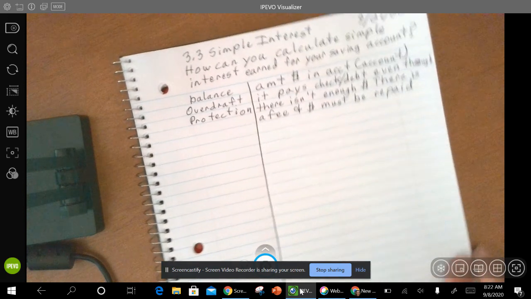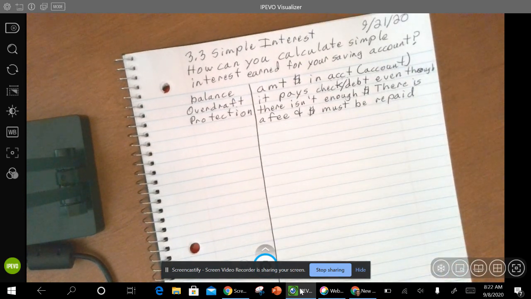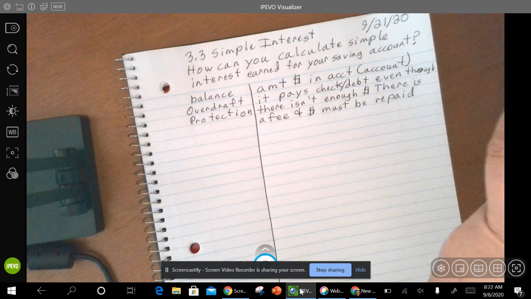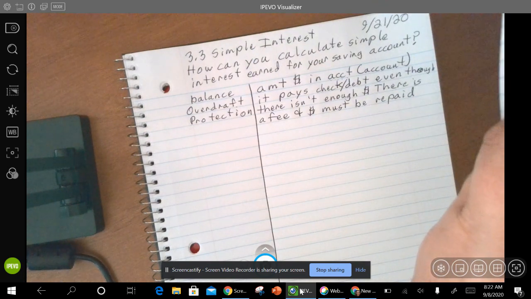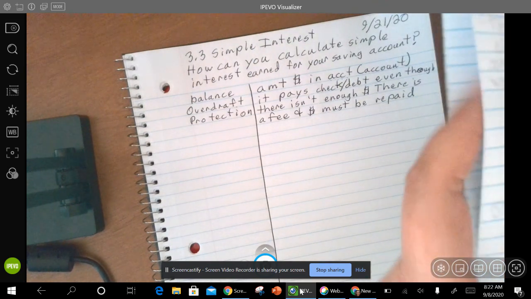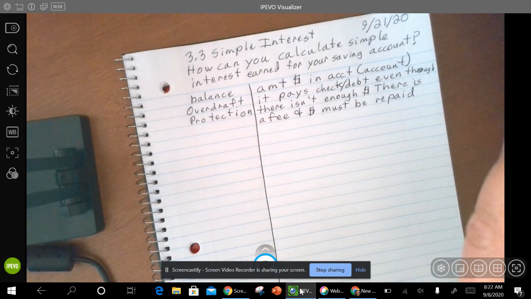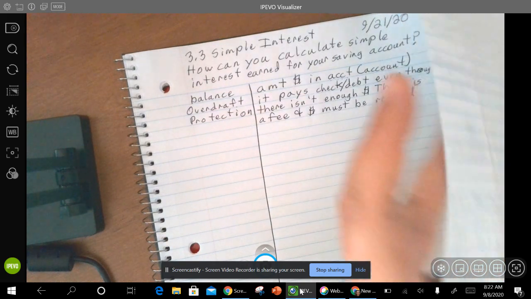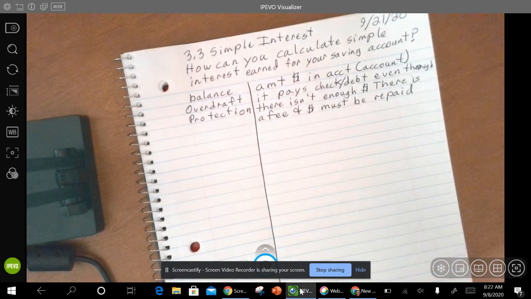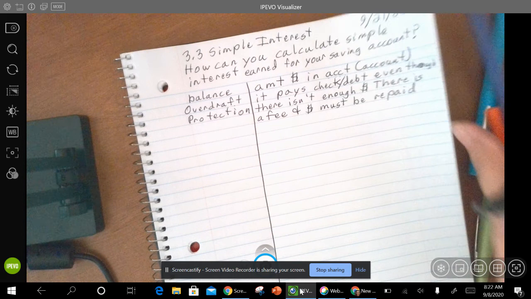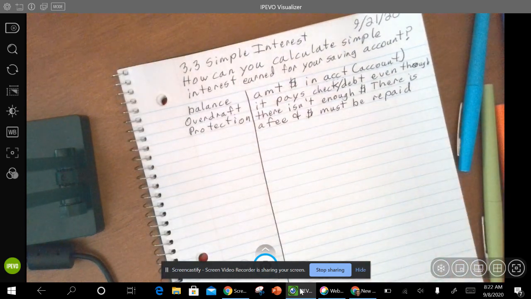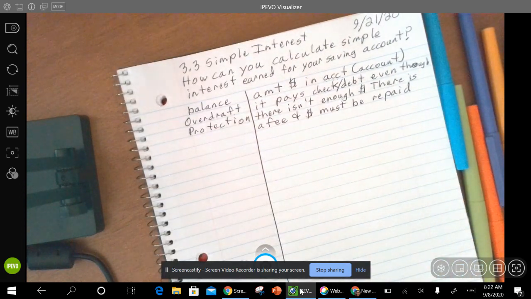Everybody, I'm just wanting to go over some terms before we get started on simple interest, so that then we can start talking about compound interest. But we're going to talk about this one first. All right, so I'm gonna grab my pens.